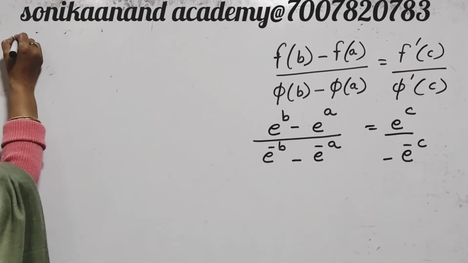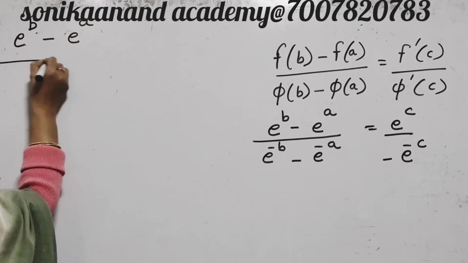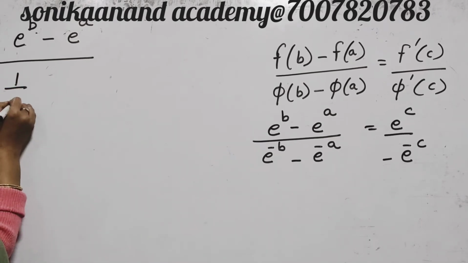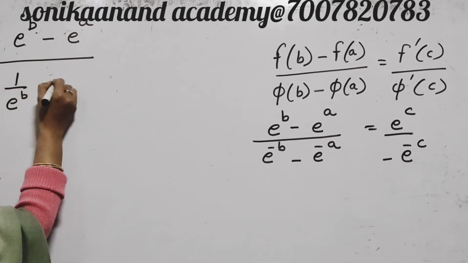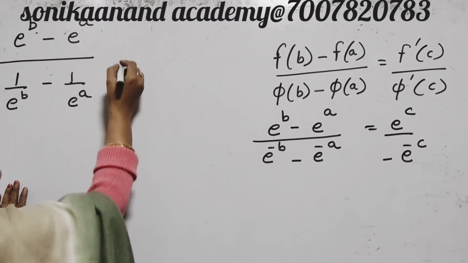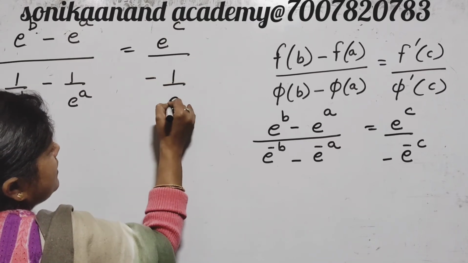Now e to the power minus b becomes 1 over e to the power b, and e to the power minus a becomes 1 over e to the power a. Here we have e to the power c over minus 1 over e to the power c.